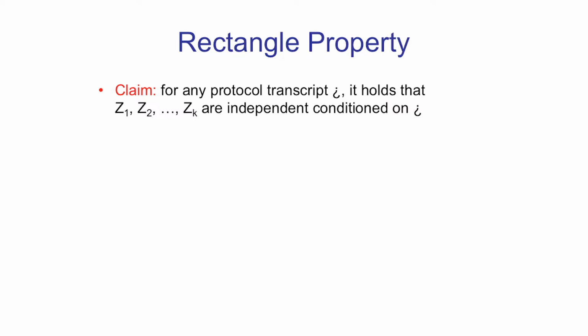Okay, so we're going to use the rectangle property as follows. We want to analyze this gap threshold problem. The main claim that makes this work is the following: fix a protocol transcript tau, then it holds that these bits z1 through zk are independent, conditioned on the transcript tau, for any transcript tau.